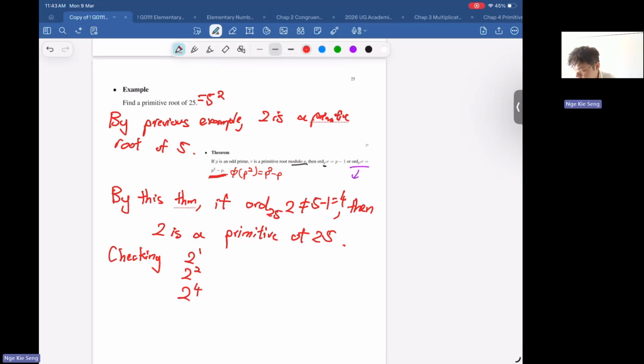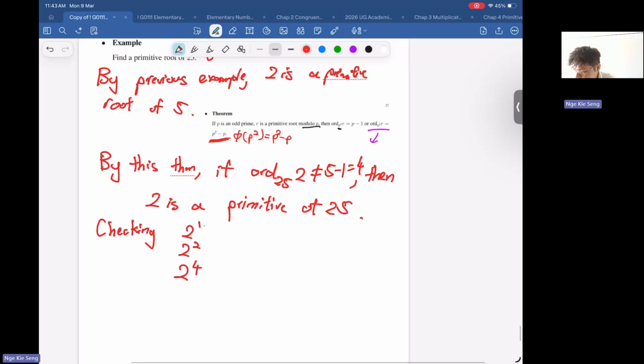No need for a calculator to help you calculate. Just do this. You can check that 2 to the 1 is 2, 2 to the 2 is 4, 2 to the 4 is 16. Definitely not 1 mod 25. I think you are good.